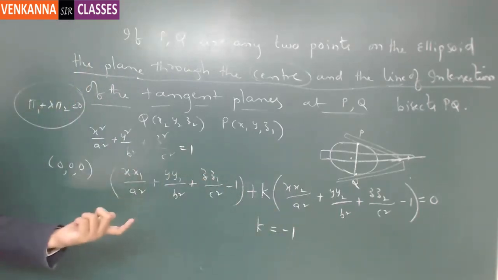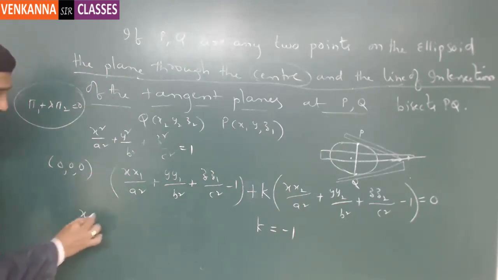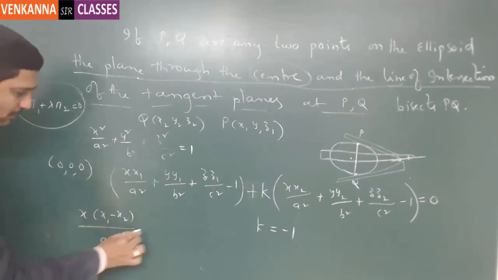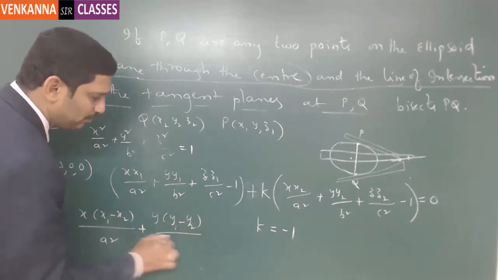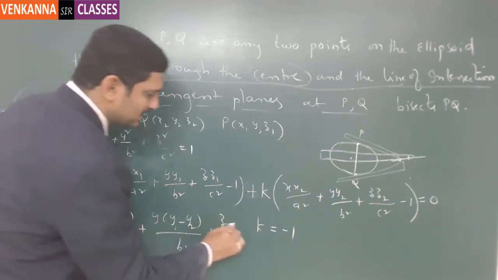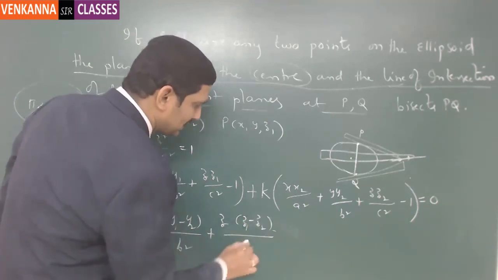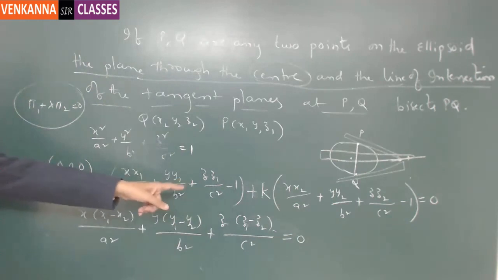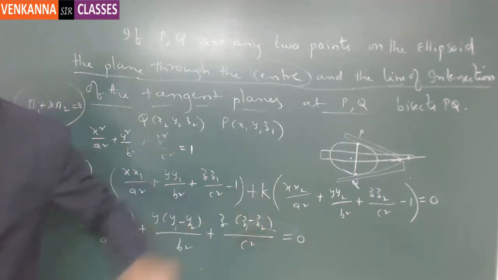Now, if I substitute k is equal to minus 1, then what happens? I get the required plane. And the required plane happened to be x into (x1 minus x2) by a square plus y into (y1 minus y2) by b square plus z into (z1 minus z2) by c square equal to 0, because the constant value minus 1 gets cancelled if I substitute k is equal to minus 1 there.